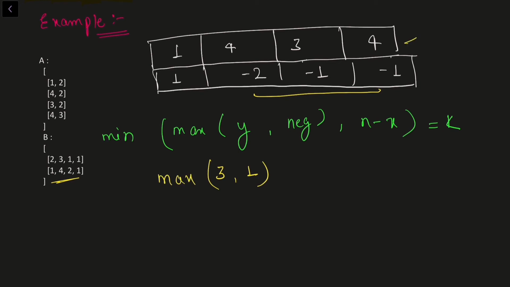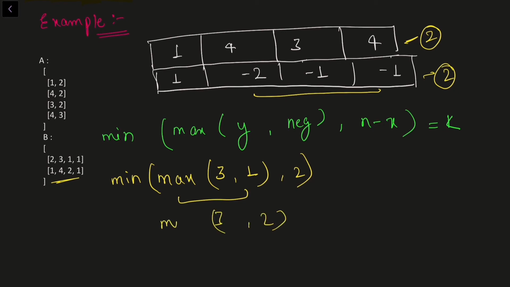Now I need to select 2 elements from the first array as well, of type 1. That means I can select at max 2 elements from type 2. So I need to minimize this with 2. So if we take 3 comma 2 and minimize it, I get 2. So I need to select 2 elements of type 2.